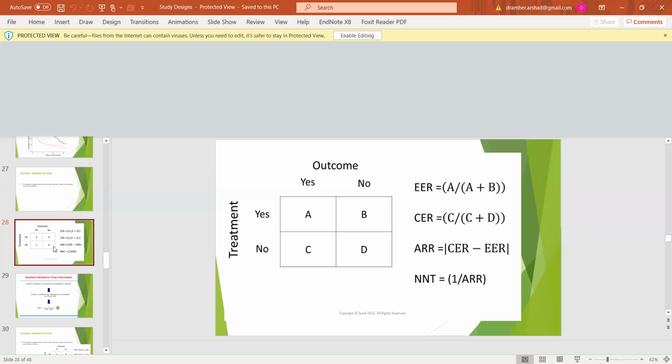And we have calculated the experimental event rate, if we get the outcome in the experiment, and the control event rate. Then we calculate the absolute risk reduction, which is the control event rate minus the experimental event rate, and number needed to treat is 1 over absolute risk.